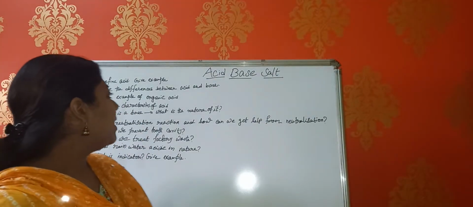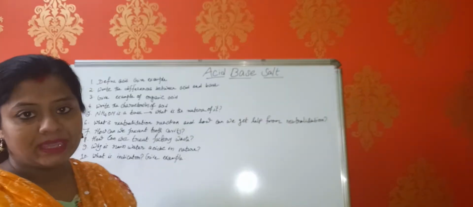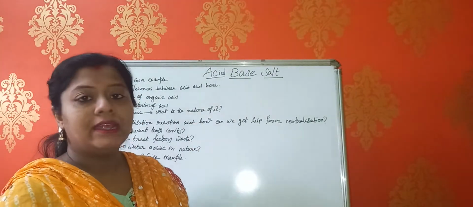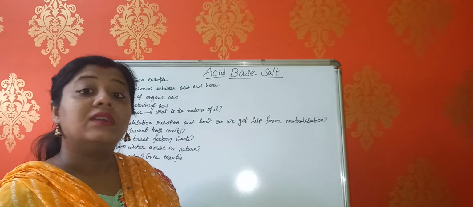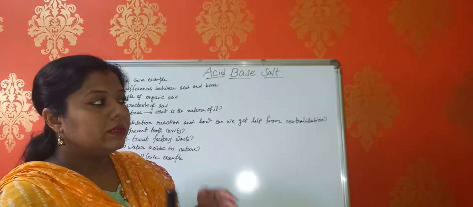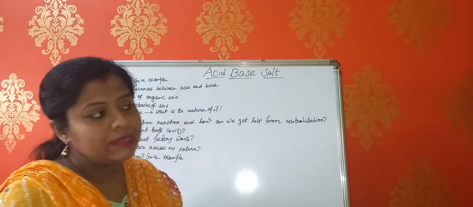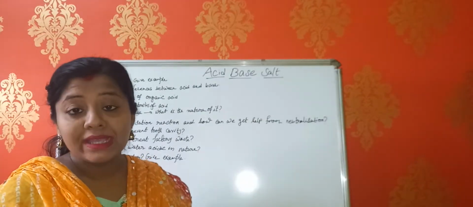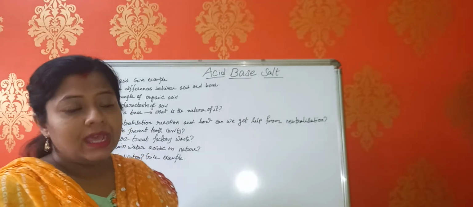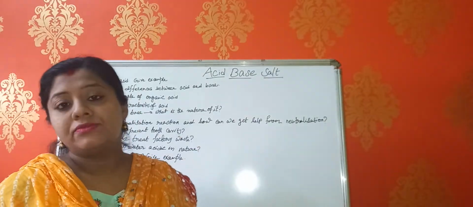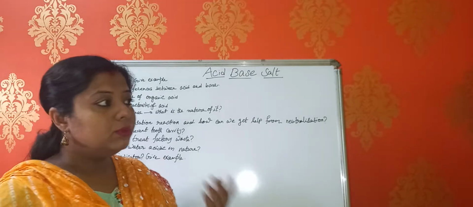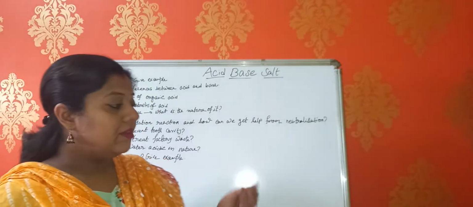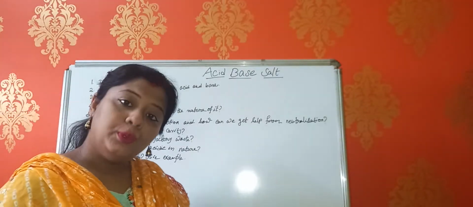The next question: write the differences between acid and base. All the points are covered already. In the first point, you write the definition of acid and the definition of base. After that, the characters: acid will turn blue litmus paper to red, and base will turn red litmus paper to blue.